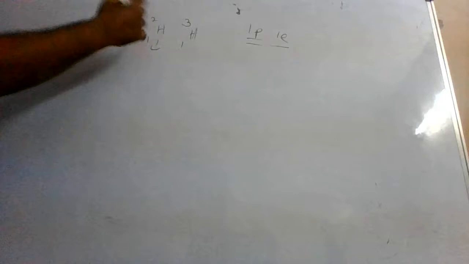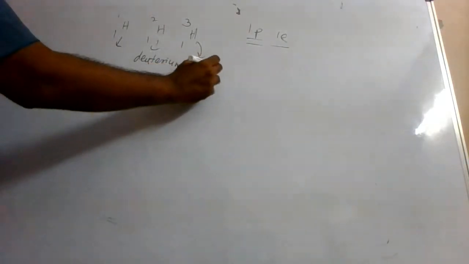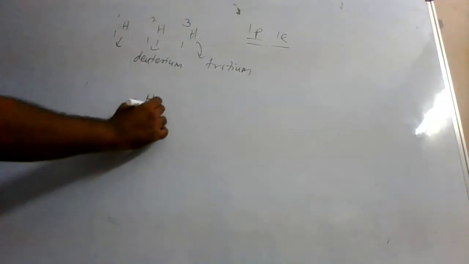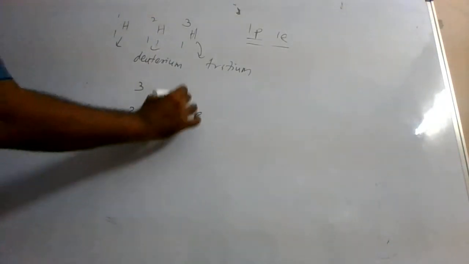Now this is another isotope of it. This is deuterium, and this is tritium. You have to know the names. Similarly, when you talk about helium, you have helium 3 and helium 4.